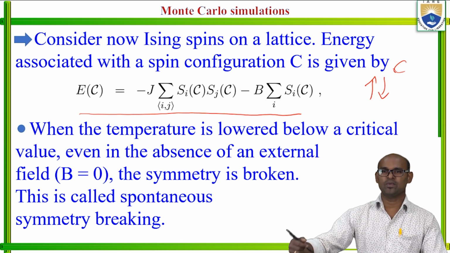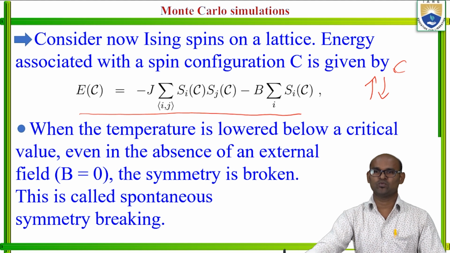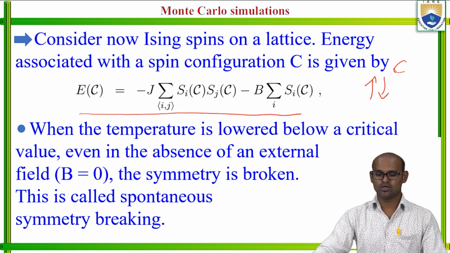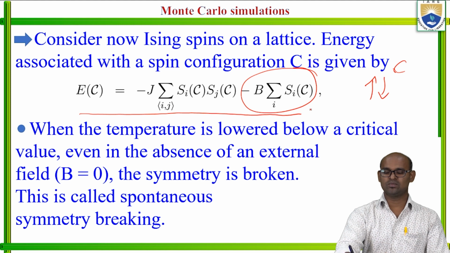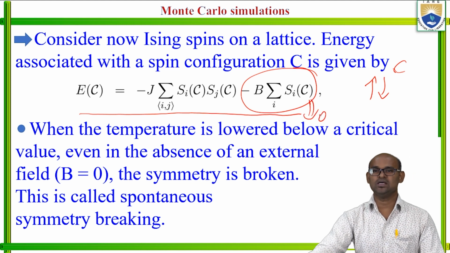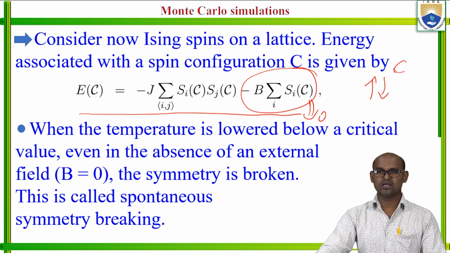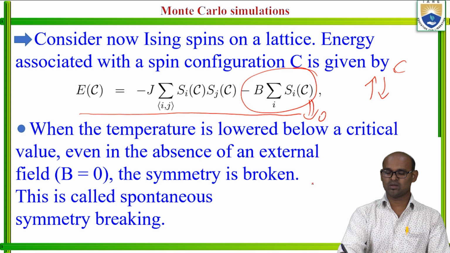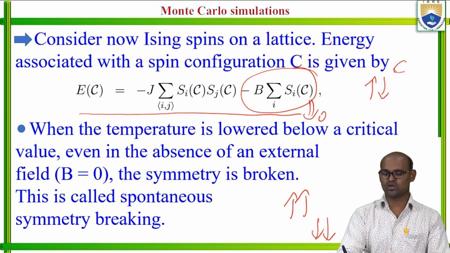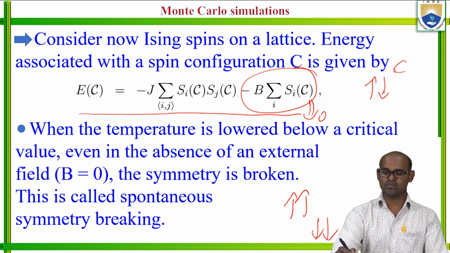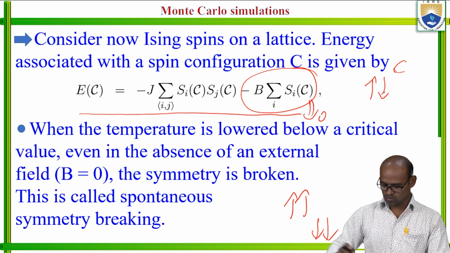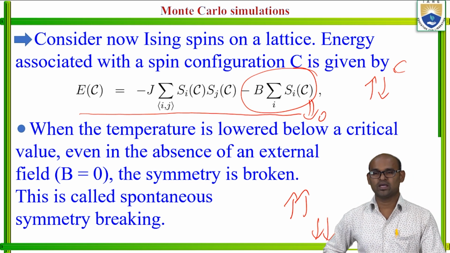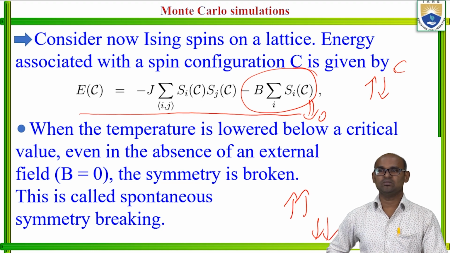When you lower the temperature below a critical temperature, we will find that even without external field, this term being 0, there is magnetism generated in the material, and there is a symmetry broken. What do you mean by the symmetry broken? Instead of the spins orienting in different directions, we will find all the spins are oriented either in up direction, or all the spins are oriented in down direction. So this up-down symmetry is broken, and this is called spontaneous symmetry breaking because we are not applying any external magnetic field.